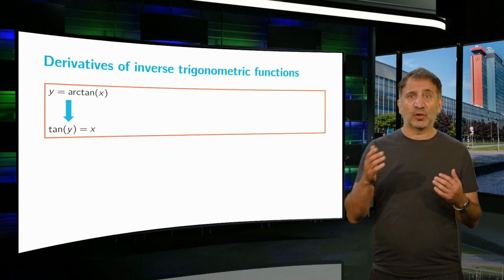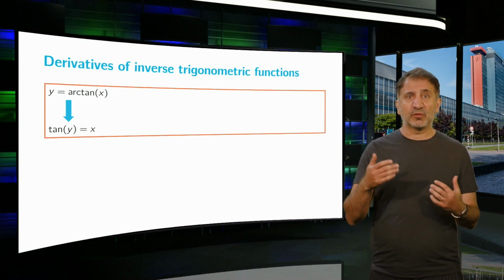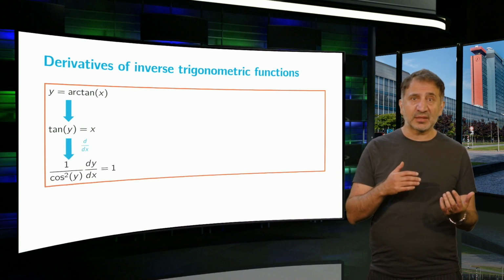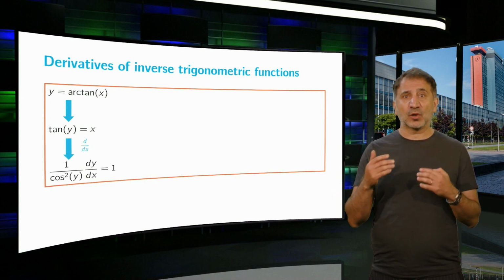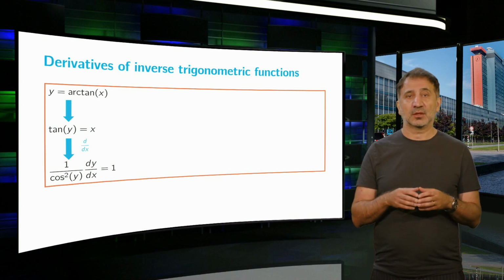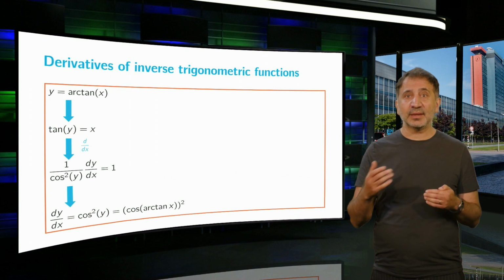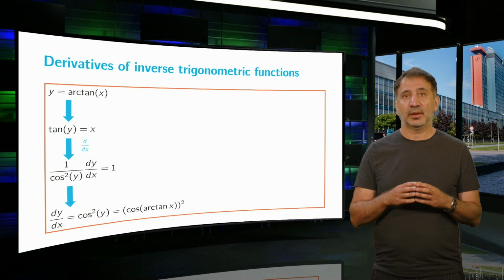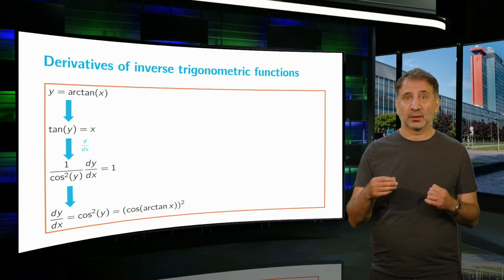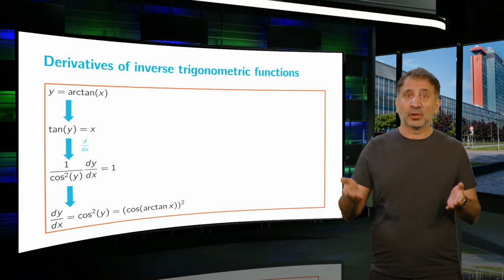Since the derivative of the tangent function is given by 1 over cosine squared, the chain rule shows that the left hand side is given by 1 over cosine squared of y times the derivative of y. So we obtain that dy/dx is equal to the cosine of y squared. And after rewriting, cosine of arctangent of x squared, because y is equal to the arctangent of x.